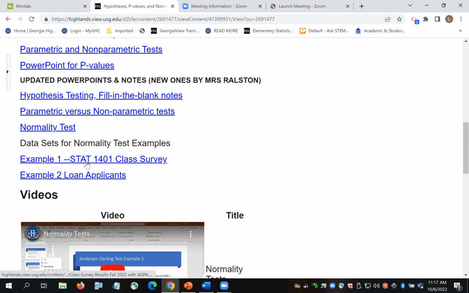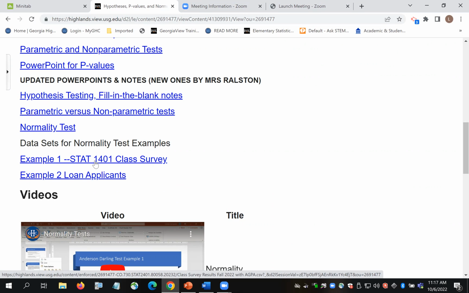And so example 1 is the Stat 1401 class survey. Typically in my Stat 1401 classes, I do a survey to collect data that we can then use throughout the semester so that students get some experience using real, possibly messy data. And so these are the results for this semester.